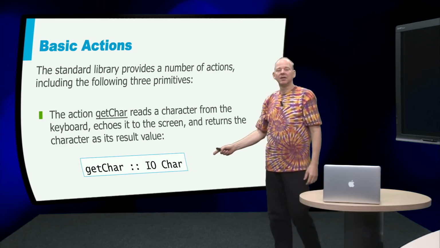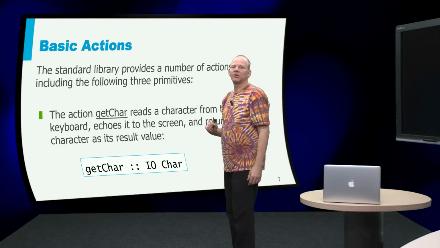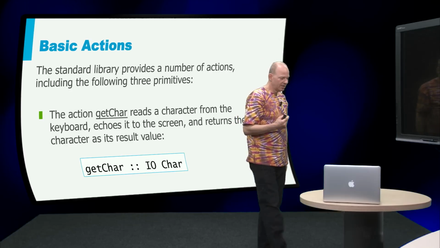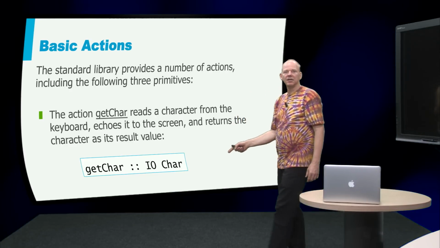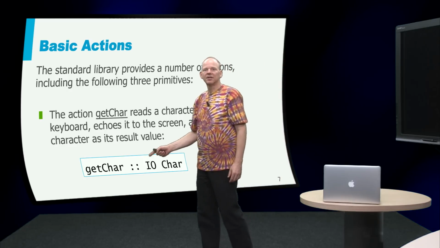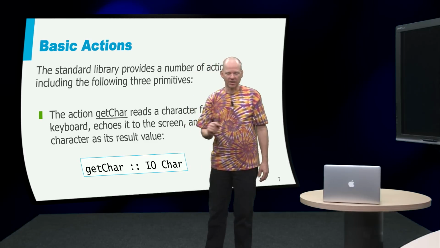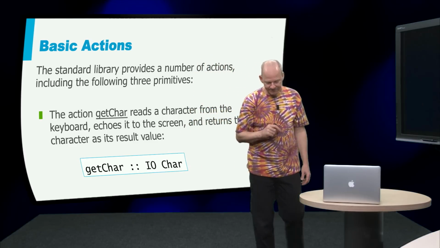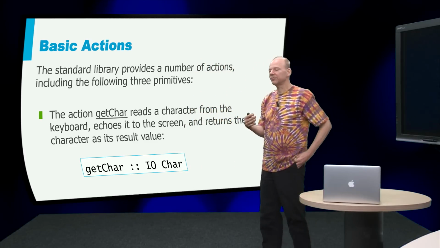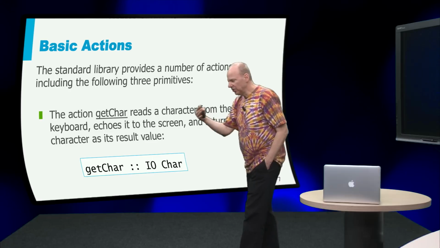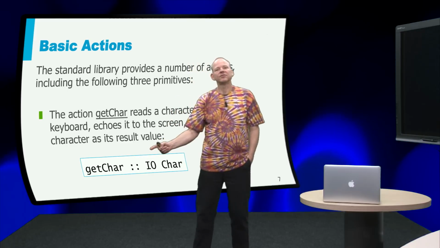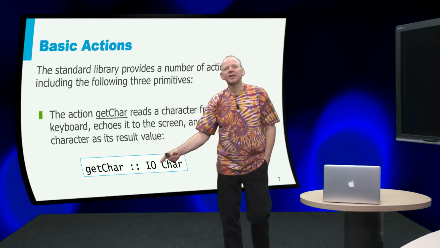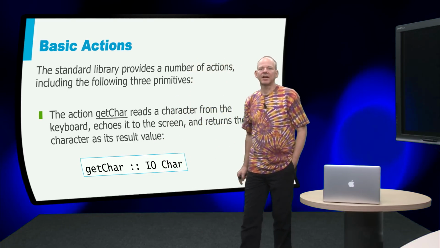And the first operation that we have on the I/O monad here is get char. In a typical imperative language, get char has type unit arrow char. In Haskell, because we're lazy, we don't need the unit arrow. And so instead, get char is just something that has a side effect and then returns a character.